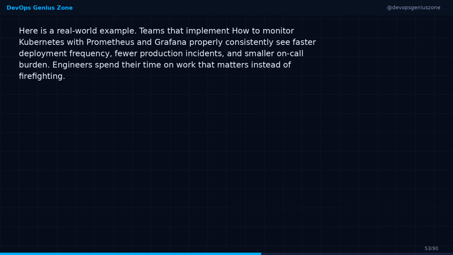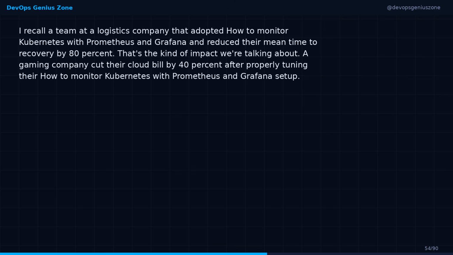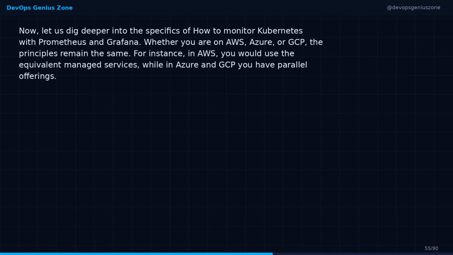Whether you are on AWS, Azure, or GCP, the principles remain the same. For instance, in AWS, you would use the equivalent managed services, while in Azure and GCP you have parallel offerings. But regardless of the cloud provider, how to monitor Kubernetes with Prometheus and Grafana enables you to ship features faster, recover from failures in minutes, and scale your infrastructure dynamically.